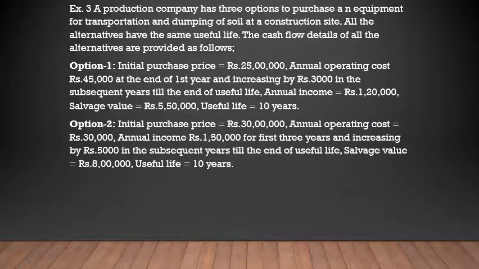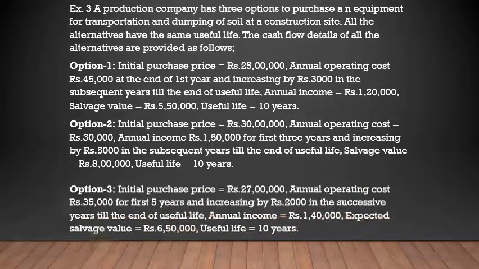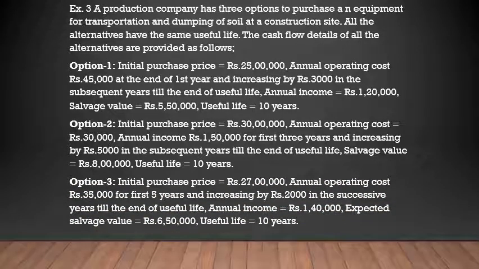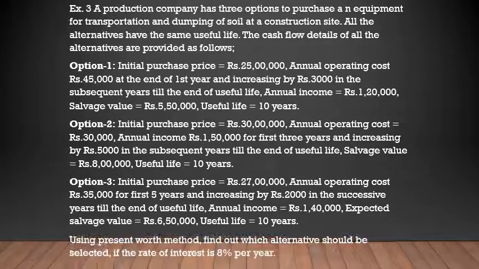Option 2's cash flow details are also given. Option 3, there is one more option here in this problem. Its cash flow details are also given. And what we need to do is that using the present worth method, we need to find out which alternative is better at an interest rate of 8% per year or per annum.